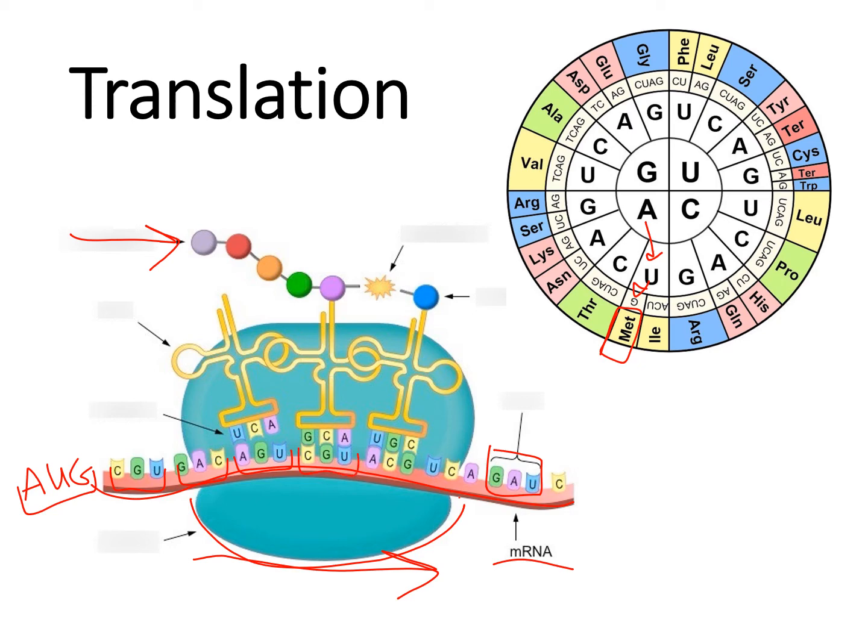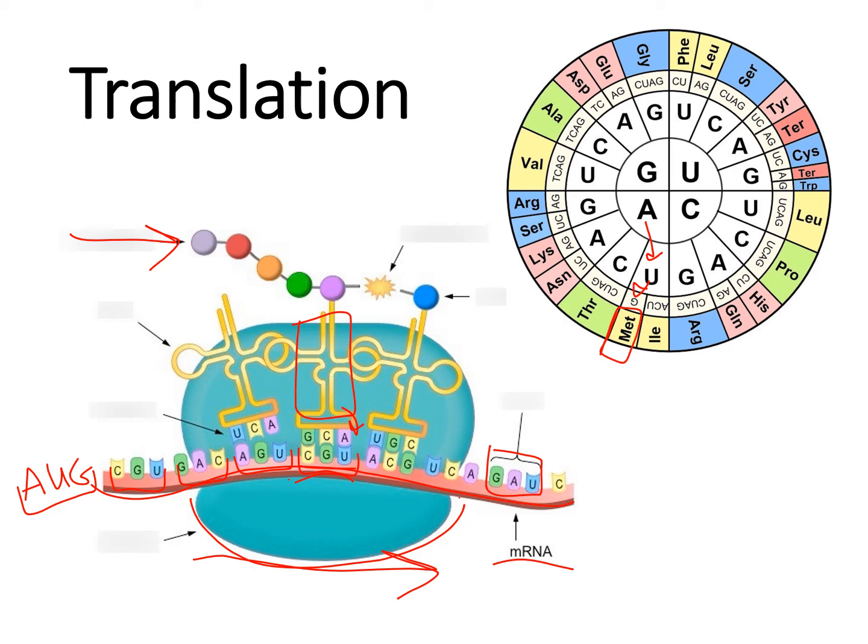So for the process of translation, what the ribosome does is it reads the codon. So in this case, CGU. Then it matches the appropriate tRNA, and the tRNA has an anticodon, which is complementary to the codon. So if the codon on the RNA is CGU, then the anticodon would be GCA.